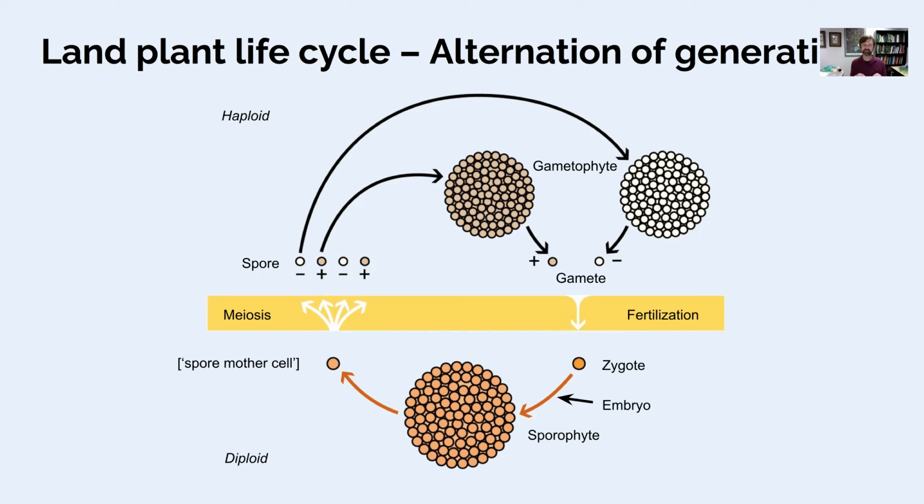And those 4 cells are spores. If they need to, they can hole up and stay safe while the environment dries around them. Their size is also really good for getting around. So spores are able to blow around in the breeze because they're so small and compact.